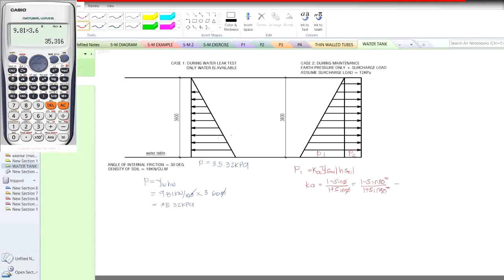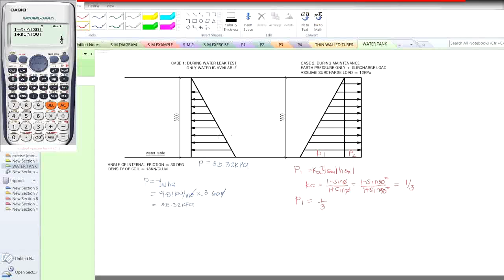Now using your calculator again, 1 less sine of 30 degrees divided by 1 plus sine of 30 degrees. That gives 1/3. Meaning to say that P1 now is equal to 1/3 of the density of soil. Density of soil is already given, correct? It's 18 kilonewton per cubic meter.